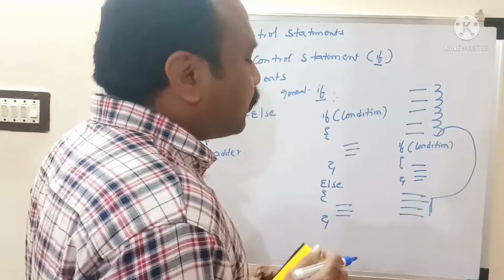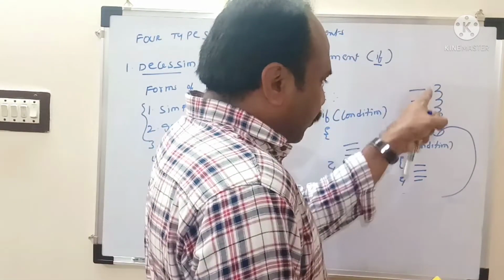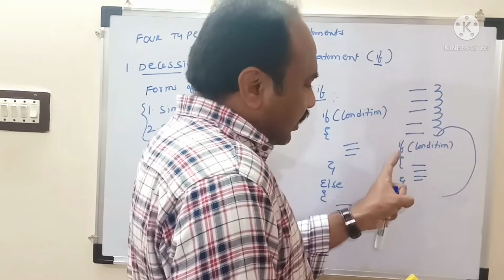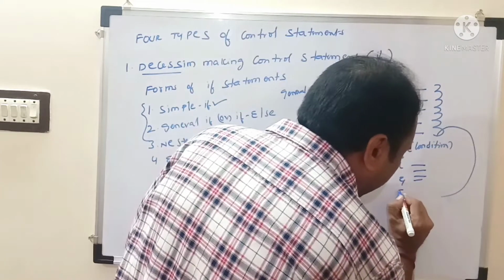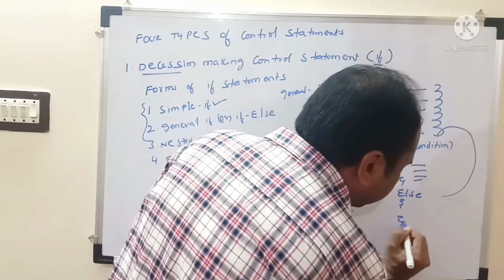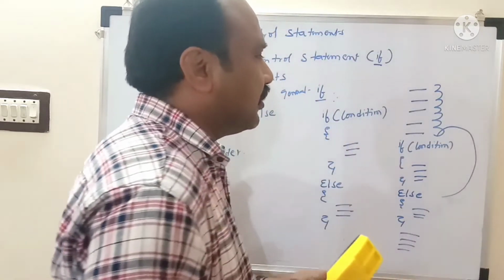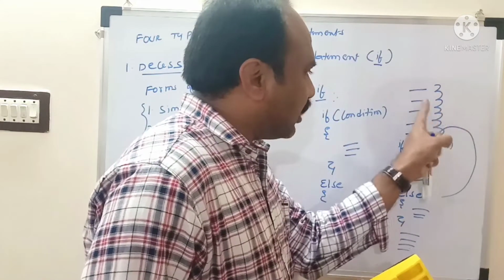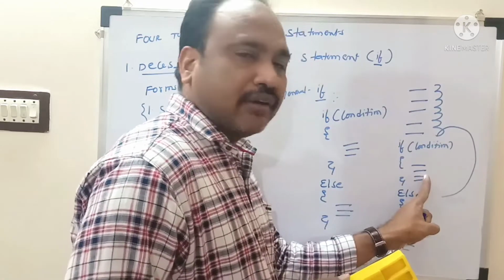In our programs, how do we have to write? Normally, all program statements I write here. Here I write if of condition, if block statements, else, these else block statements. All these program statements will be executed in sequential manner. If the condition is true, the if block will be executed.